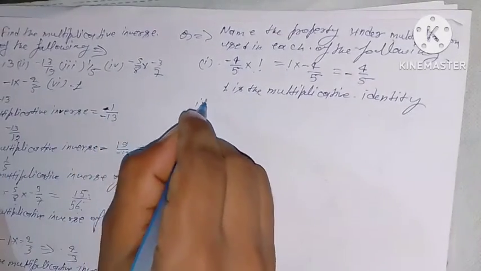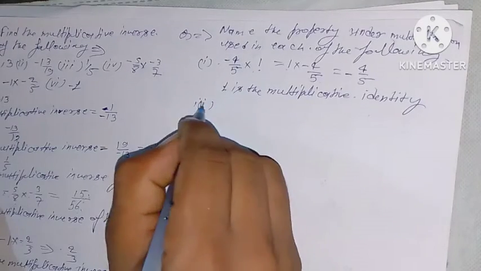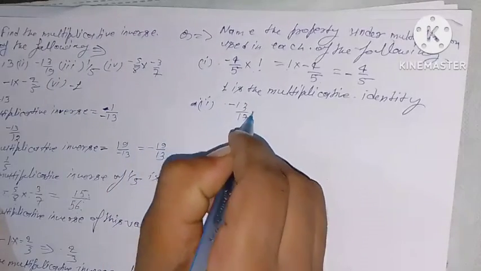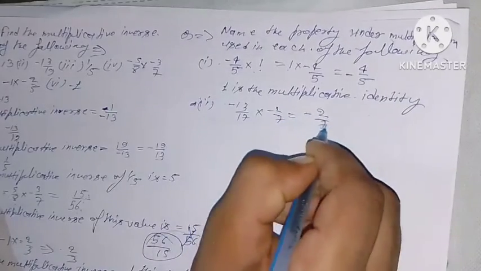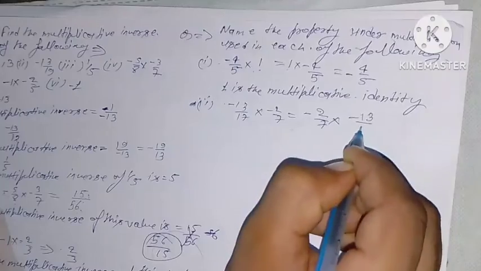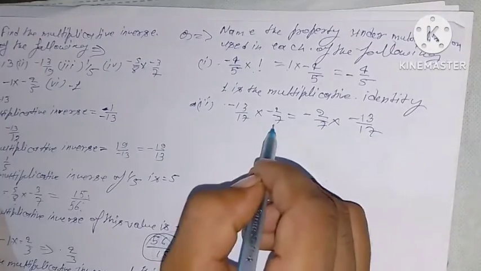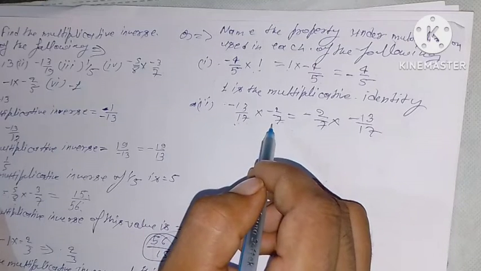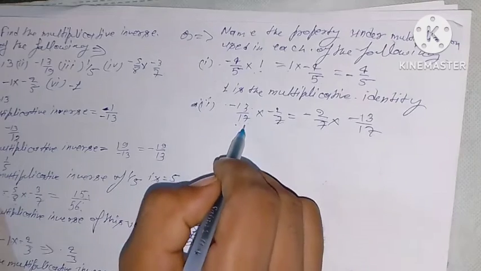And second question: minus 13 upon 17 multiply minus 2 upon 7 equal to minus 2 upon 7 multiply minus 13 upon 17. In this question, only the places of the rational numbers are changed.